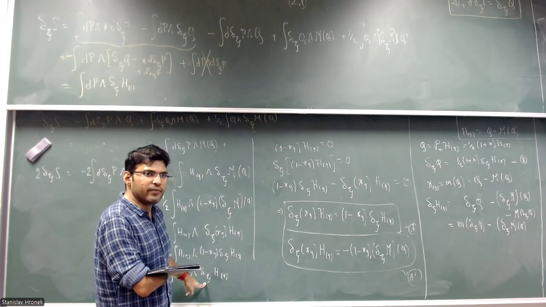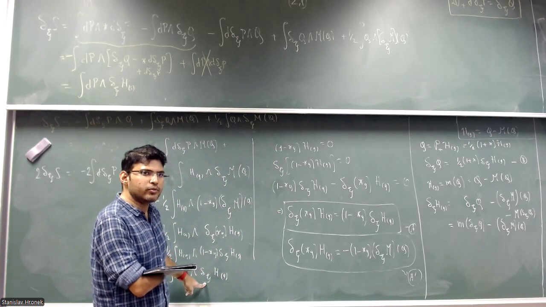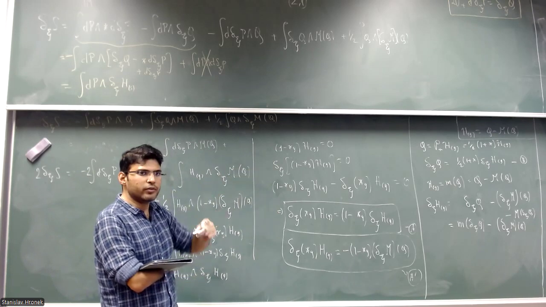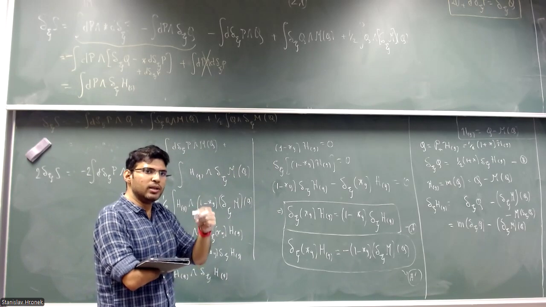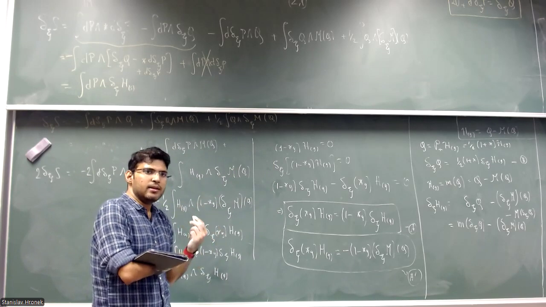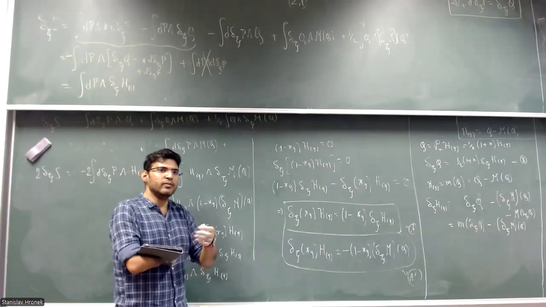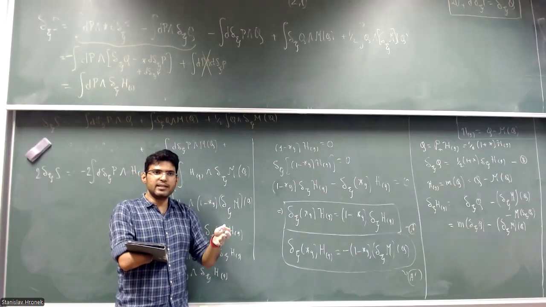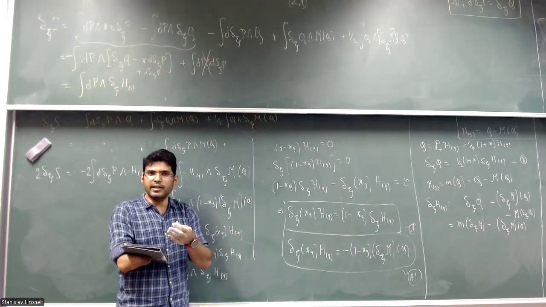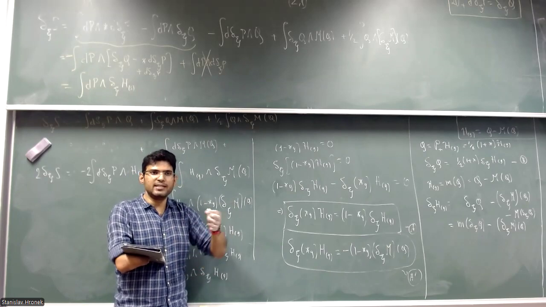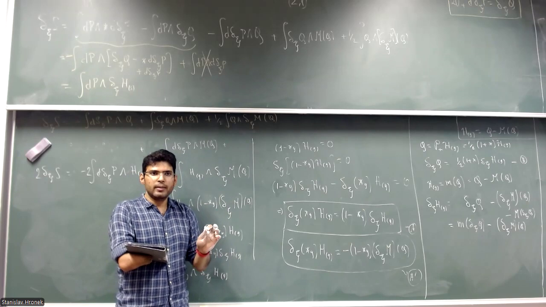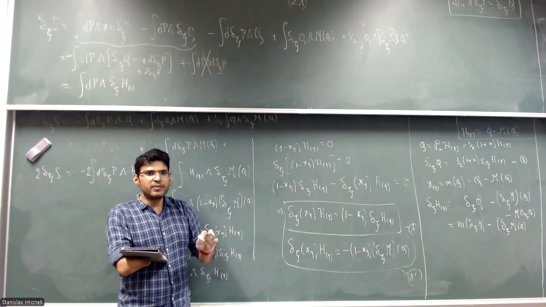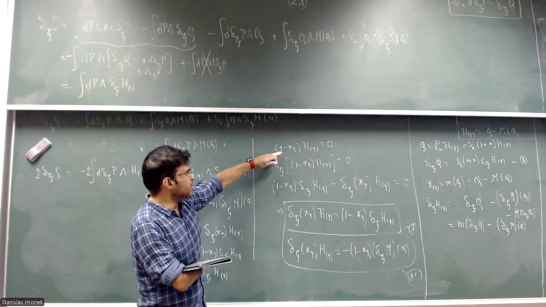Once you have the thing self-dual with respect to G, then the diffeomorphism acts both on the Hodge dual and the transformation itself. This thing is only true if you are working with flat space. So Q equals star Q, then delta xi Q is also star of delta xi Q, because delta xi does not act on the star. But in curved space, the correct way to do it is essentially this.